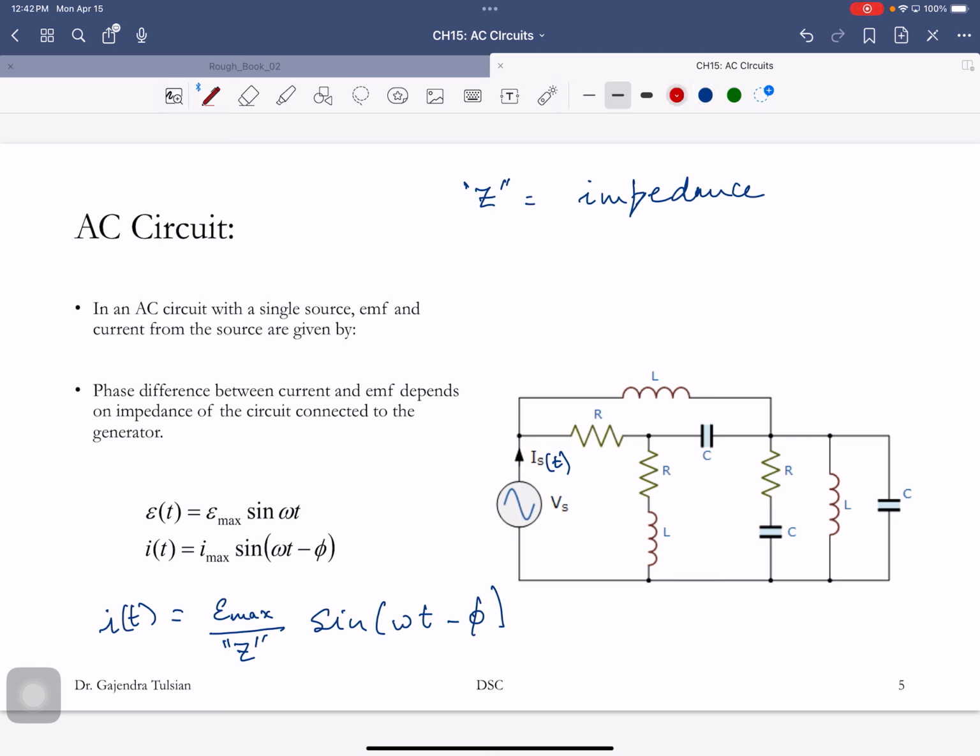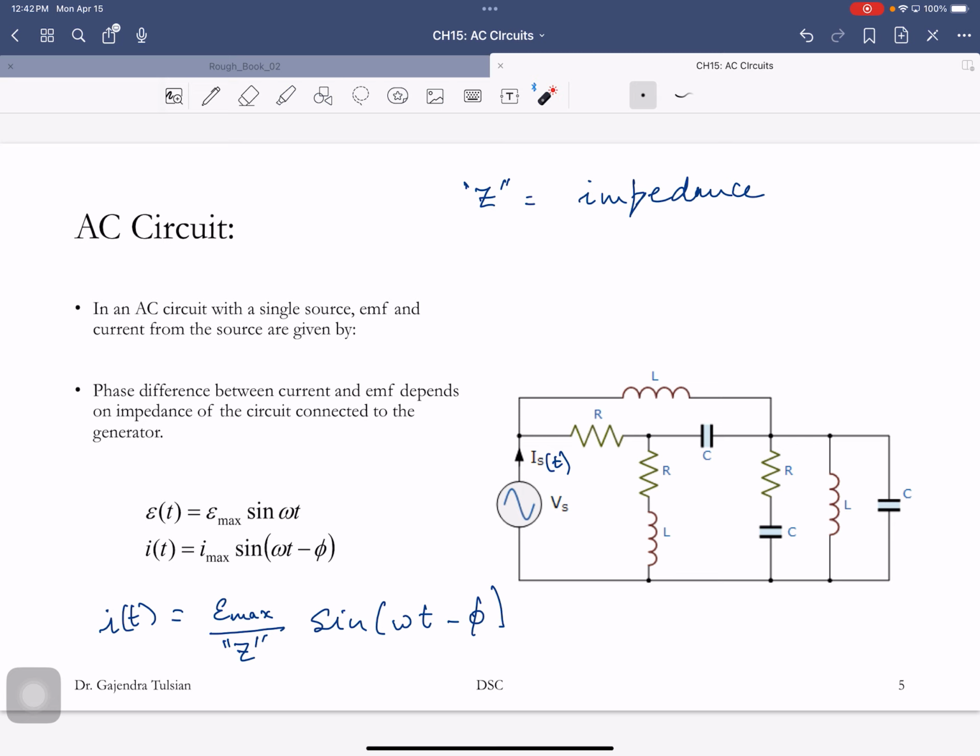Look at this. Here's the voltage. This is the phase factor of the voltage, and here's the phase of the current, and you see the current is not in phase with the voltage. So what this is saying is sometimes the voltage might be rising, but the current would be decreasing.